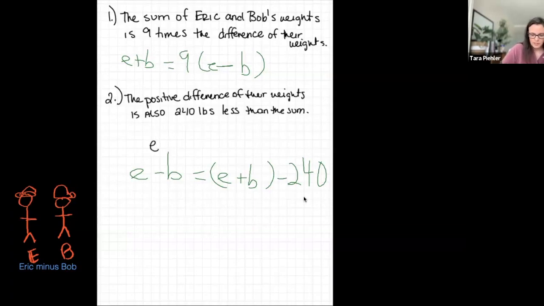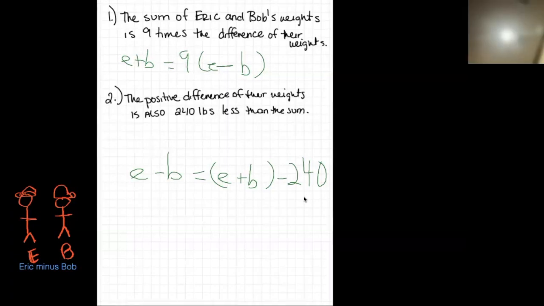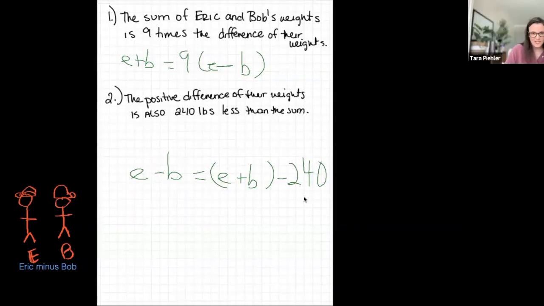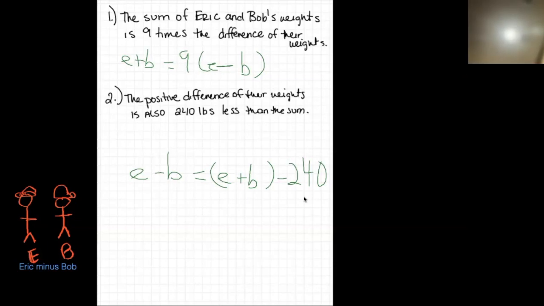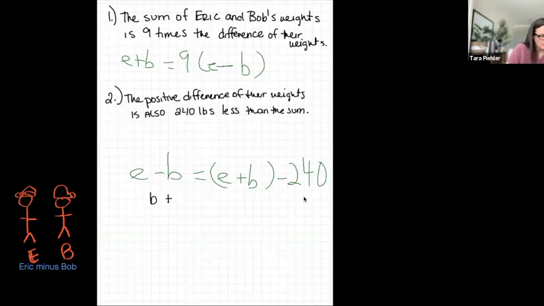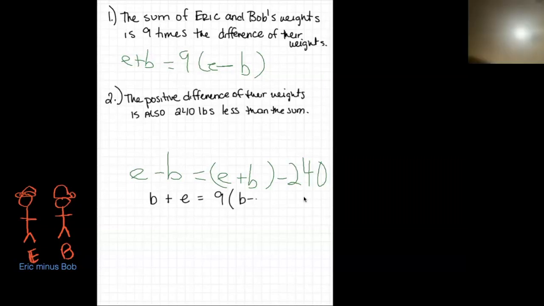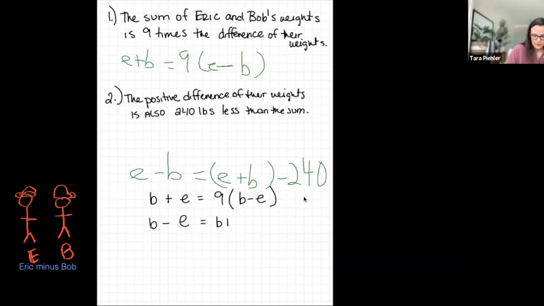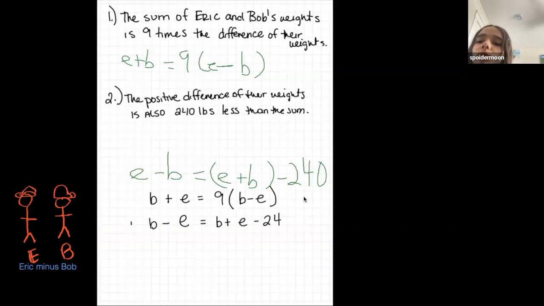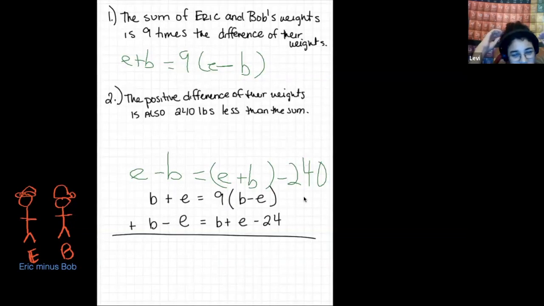You have E plus B equals... and then you have... I thought you were going to put down B minus E equals B plus E. Okay, I just switched the B and E.